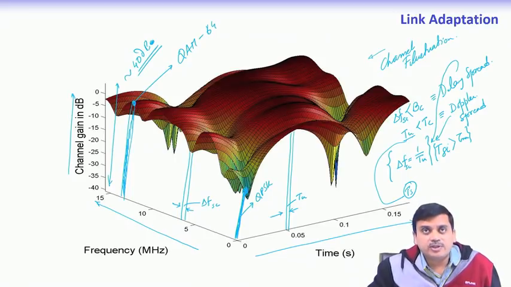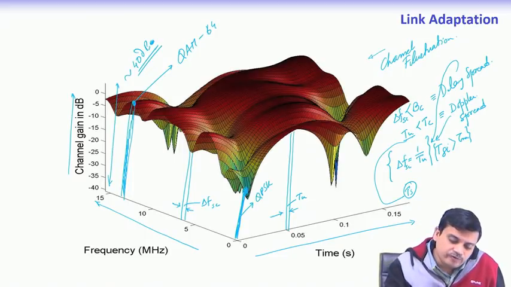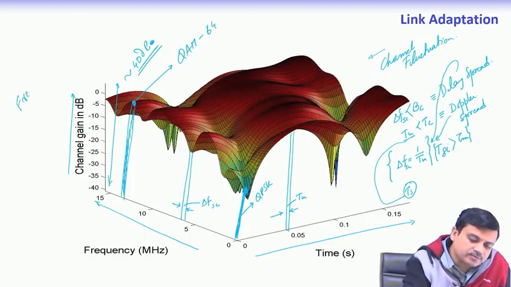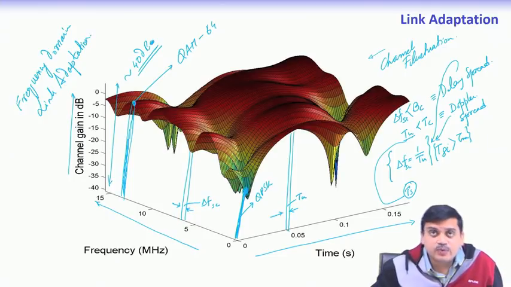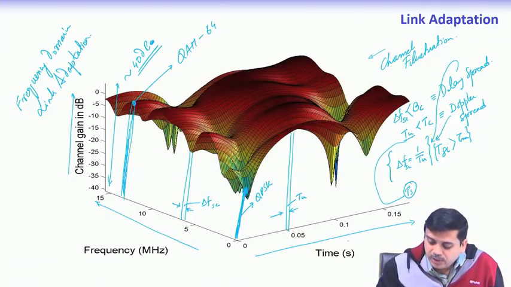So, OFDM, by virtue of splitting the frequency domain picture into smaller chunks, we can do frequency domain link adaptation, as well as we would obviously do time domain link adaptation.